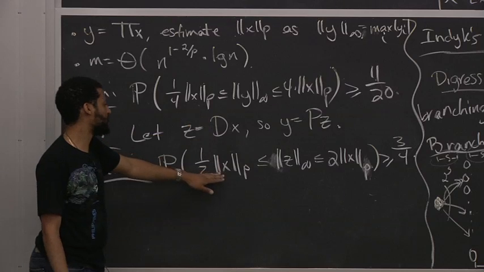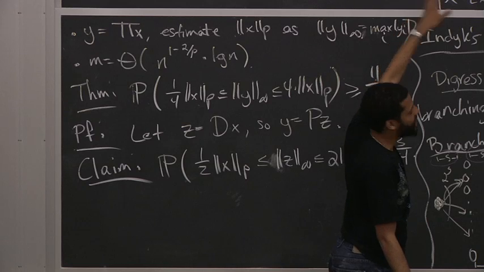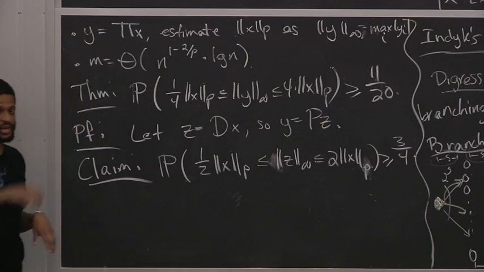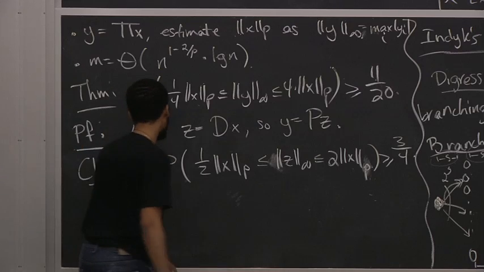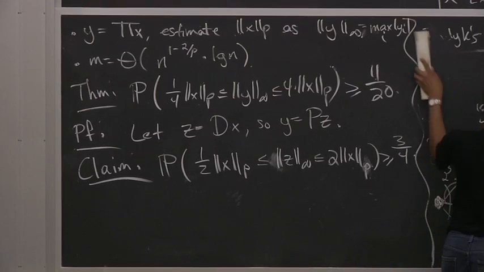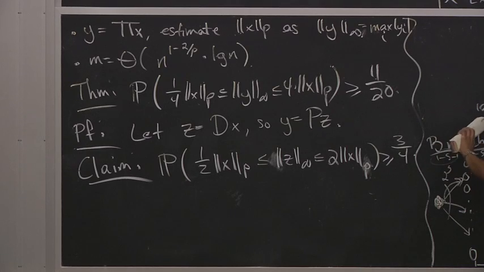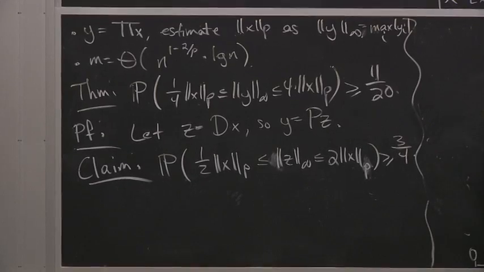So first we're going to say z works with good probability, and then we're going to say that Pz is going to still work with good probability. Does that make sense? So let's prove that claim. And then I think we're going to be able to prove this claim before class ends, and then we'll finish the analysis on Thursday.